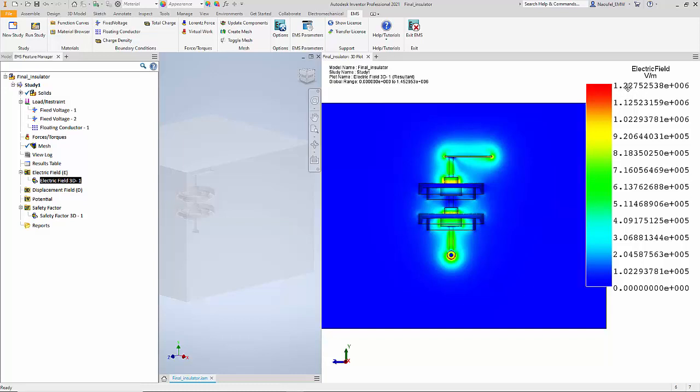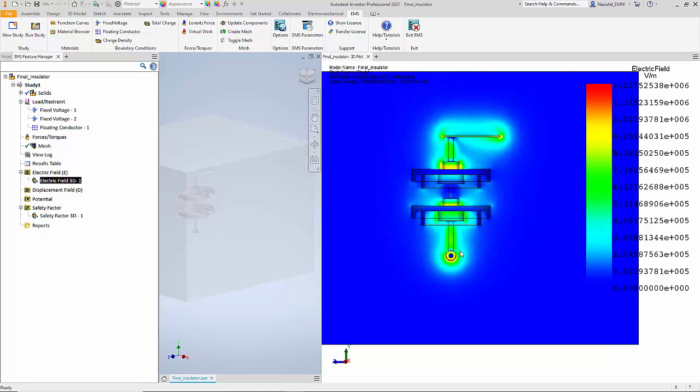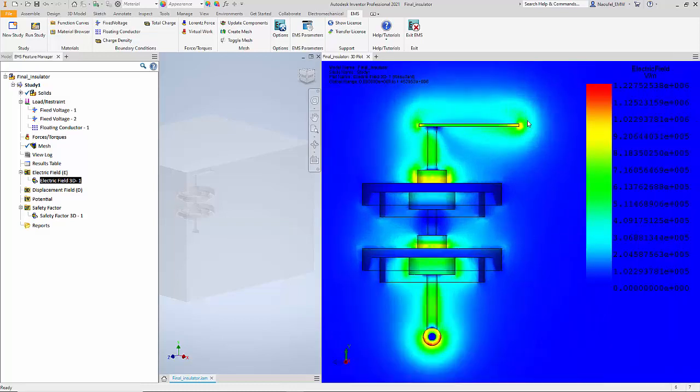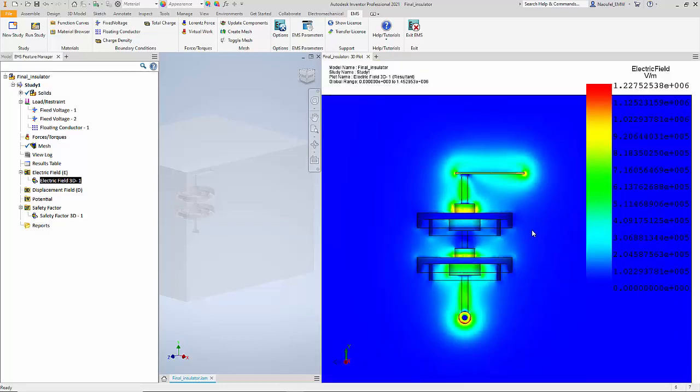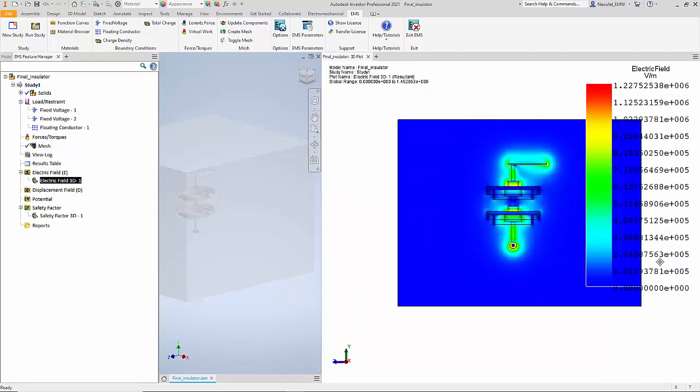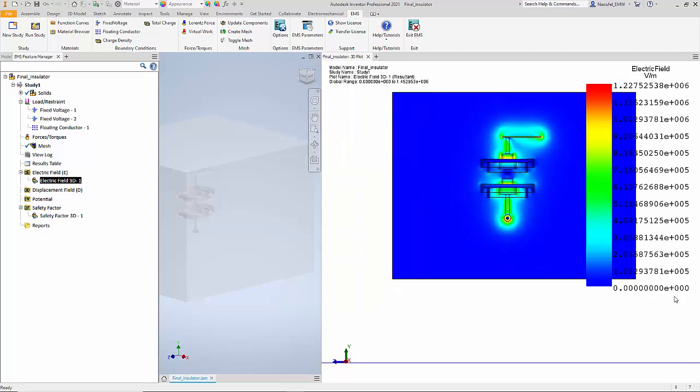Now you can see that the maximum electric field is right in the bottom and in these corner areas, and that value is around 1.2 million volt per meter. We know that the air breaks down at 3 million volt per meter, and as a result we can be sure that the breakdown of the air has not occurred for this operating voltage.